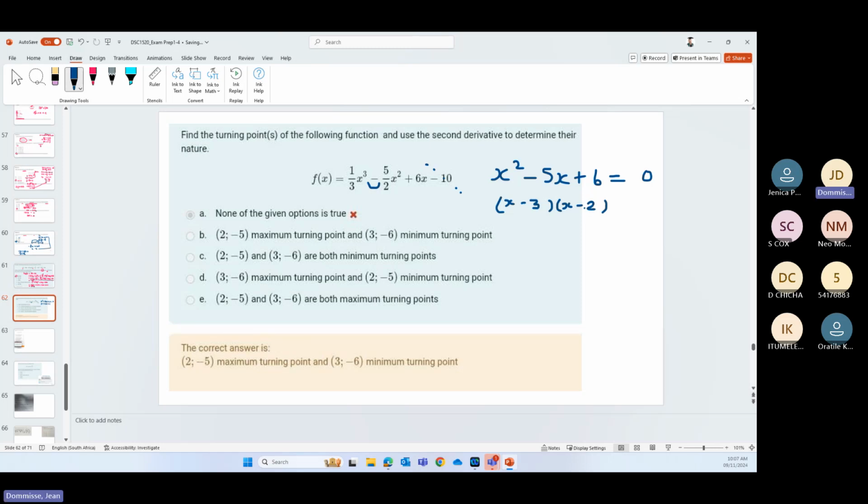So minus 3 times minus 2 gives the positive 6, and minus 3 plus minus 2 gives the minus 5. So x minus 3 must be equal to 0, or x minus 2 must be equal to 0. So x is equal to 3 or x is equal to 2. That is our x-values.